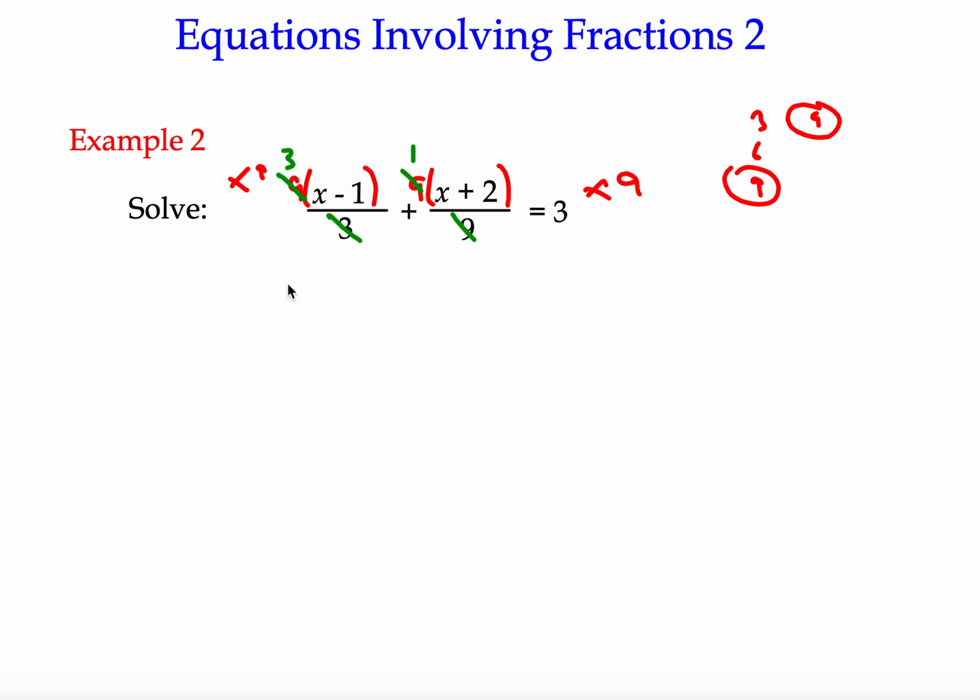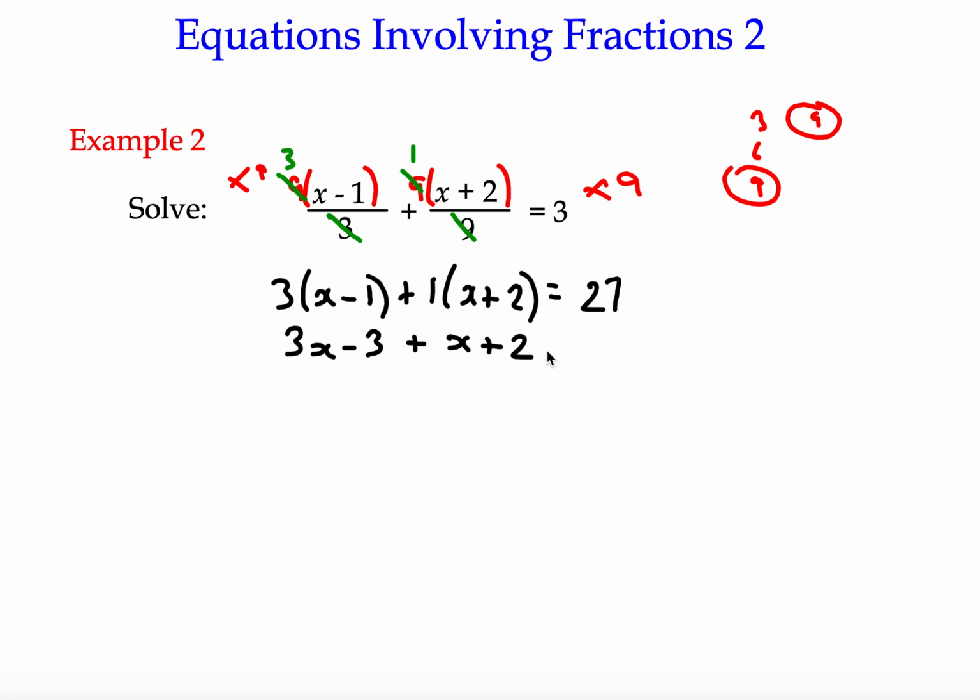So I can simplify that by saying I've got 3 lots of x minus 1 and plus 1 lot of x plus 2. And remember, 3 times 9 is 27. It's easy to forget to multiply the other side by 9 as well. So we've got multiply out 3x minus 3 and plus x plus 2 equals 27.